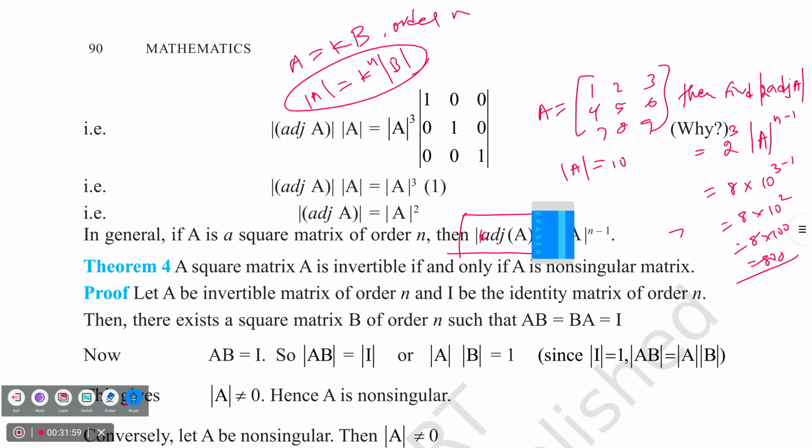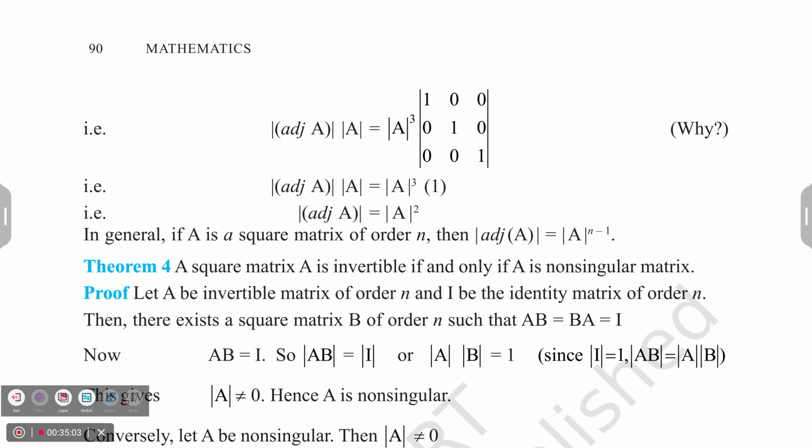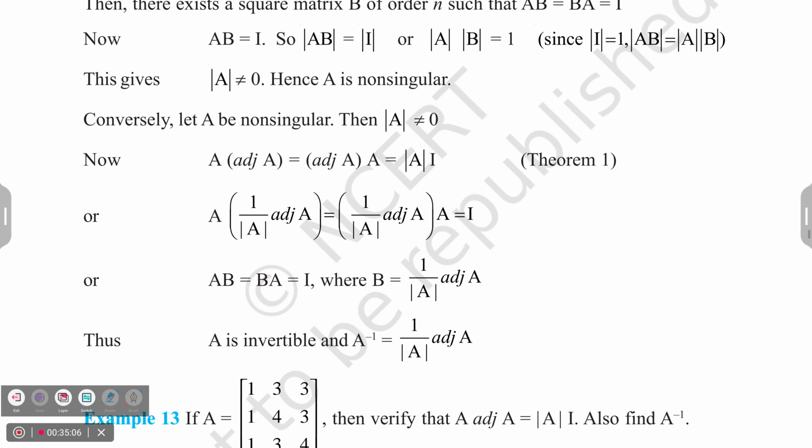People may confuse these formulas, taking the power from one and bringing it to the other. Read clearly: the determinant of adjoint of A is determinant of A power n minus 1. The scalar is inside, so it is scalar power order. Don't confuse. Scalar power order. Very important formula.